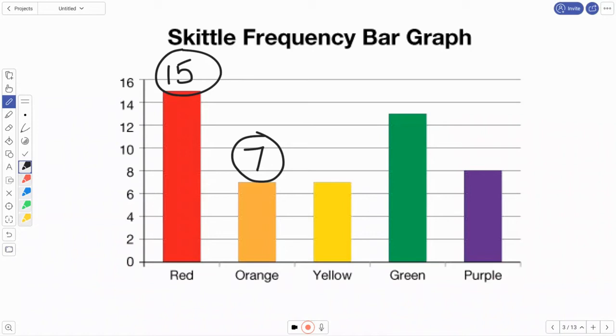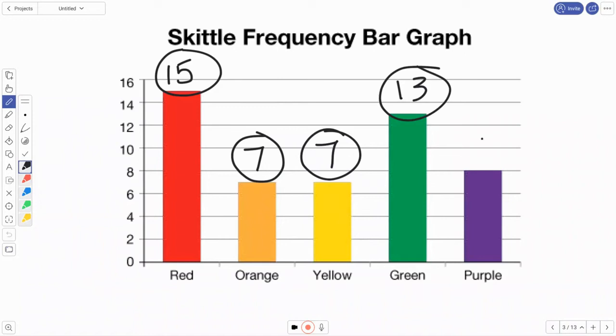Yellow is the exact same height, so I can see 7. I simply look at the bar, and I compare how far up or over it is versus that number, right? So I extend it over, and I see that it is 7 there. All right, the green, halfway in between. If I were to extend this over, it's halfway in between the 12 and the 14. That must mean it's 13. And we finally get one that's right on a number.